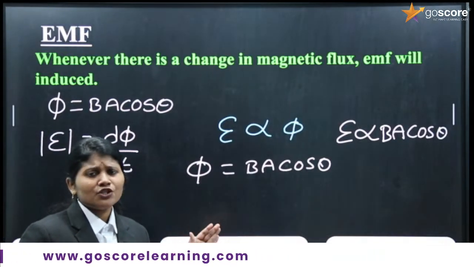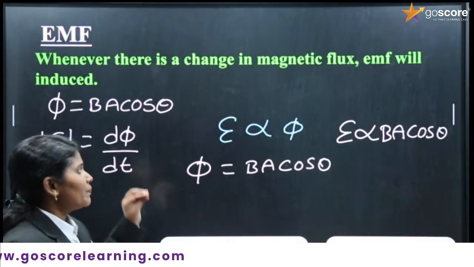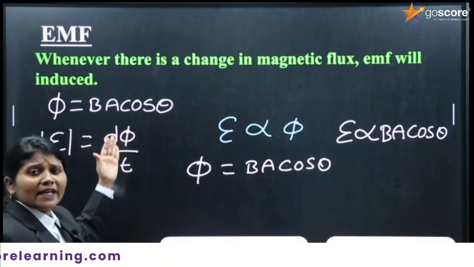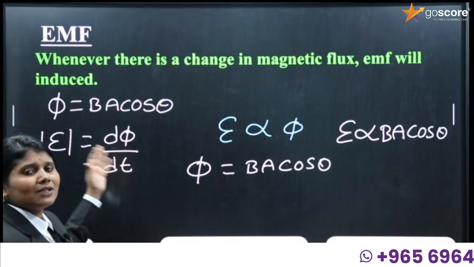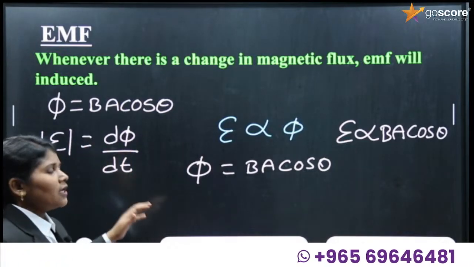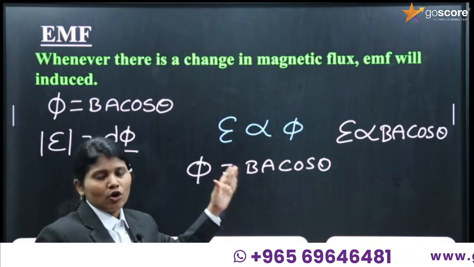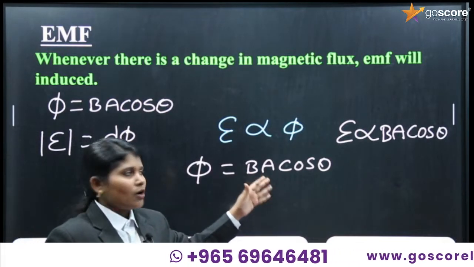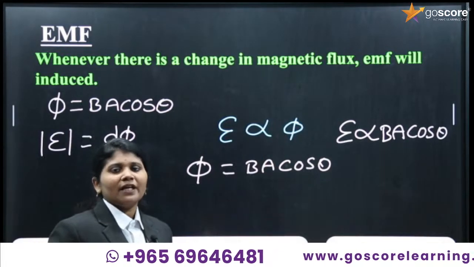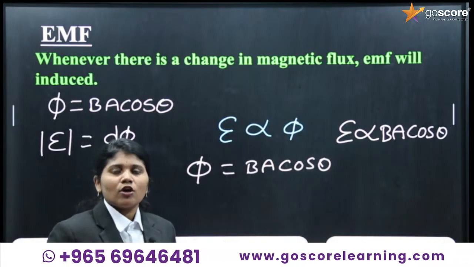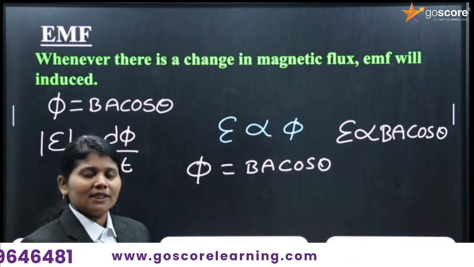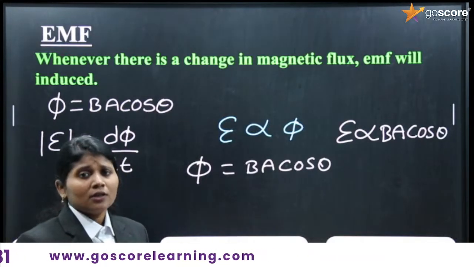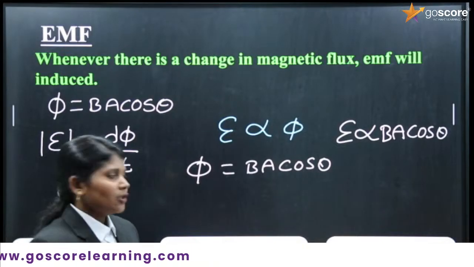So EMF is equal to the rate of change of flux, and flux is BA cos theta. B is the magnetic field, A is the area, theta is the orientation of the coil.